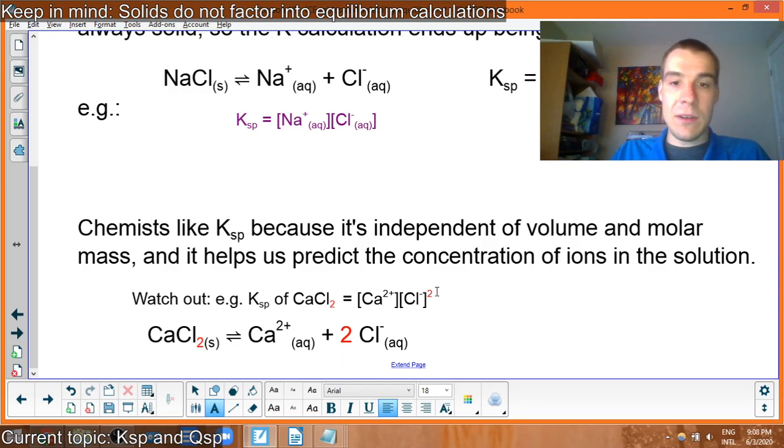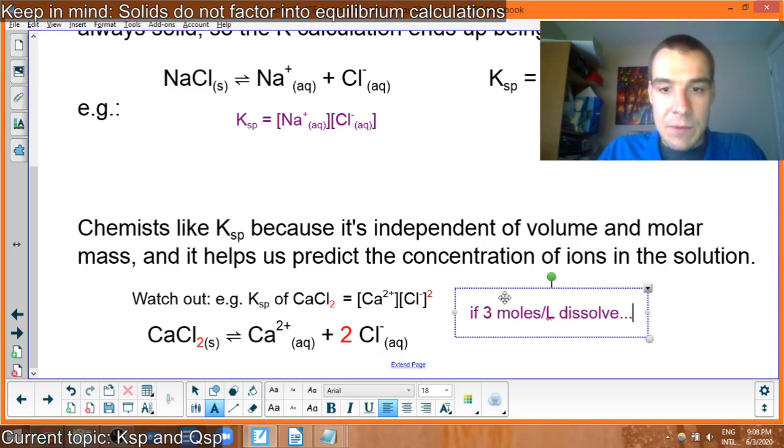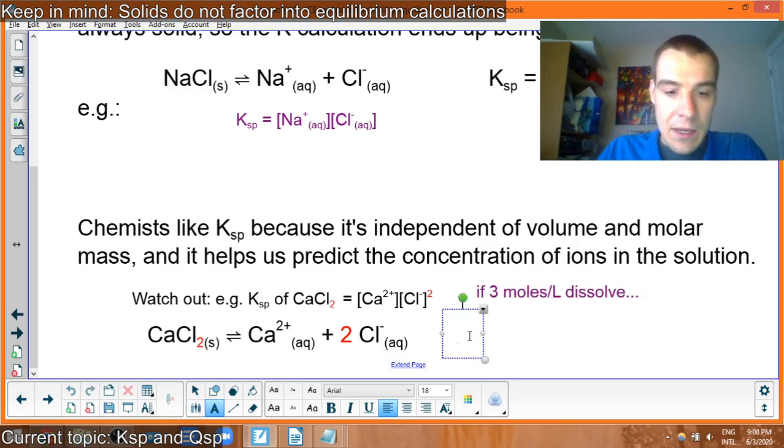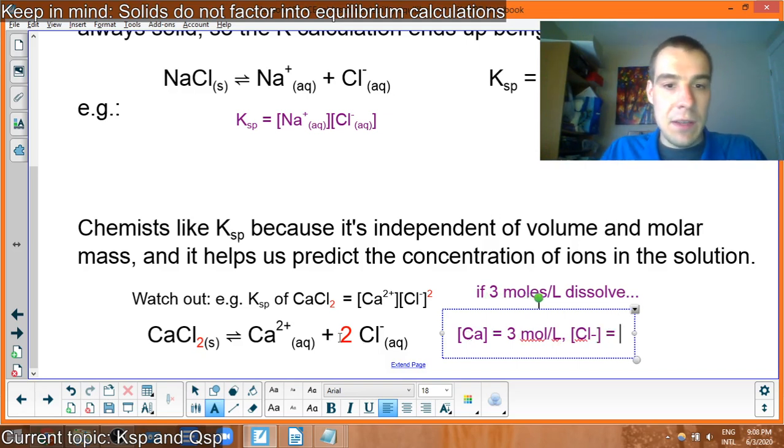And even more interestingly, if 3 moles per liter dissolve, for example, then the concentration of Ca is going to be 3 mole per liter. But the concentration of Cl minus, because there's 2 of them that dissolve for every 1 calcium, is going to be 6 moles per liter. We have to watch out.